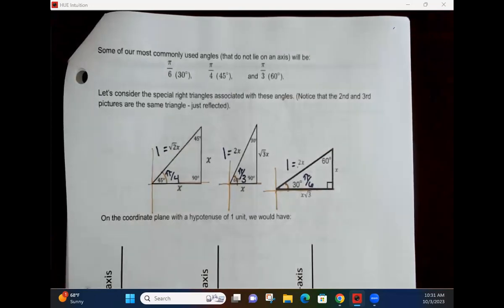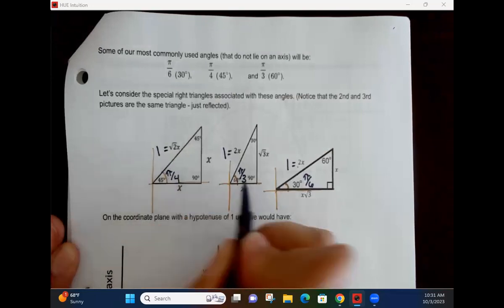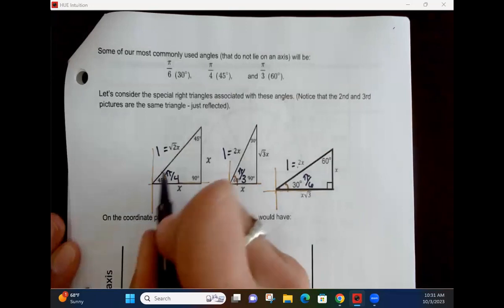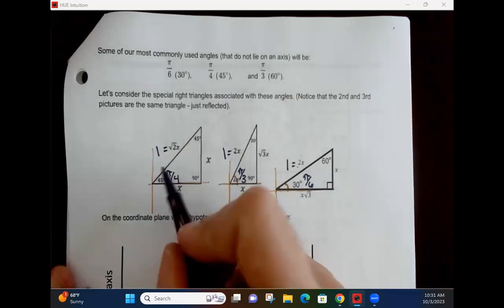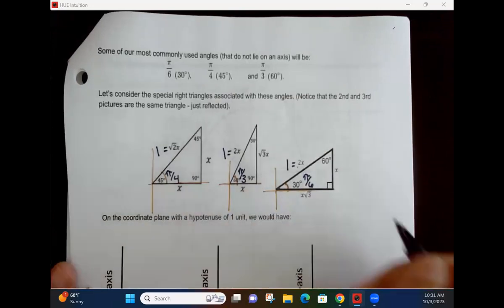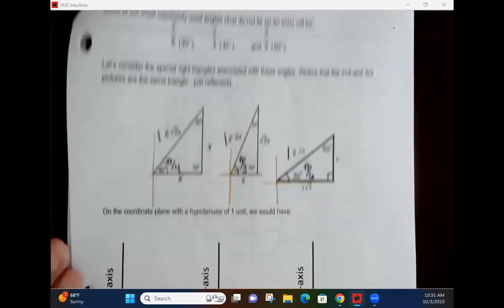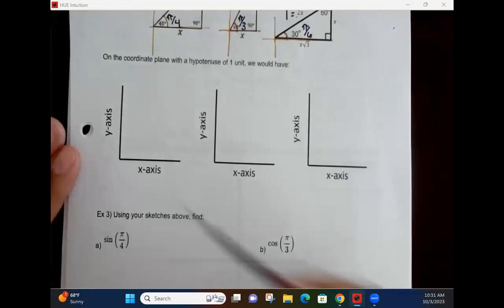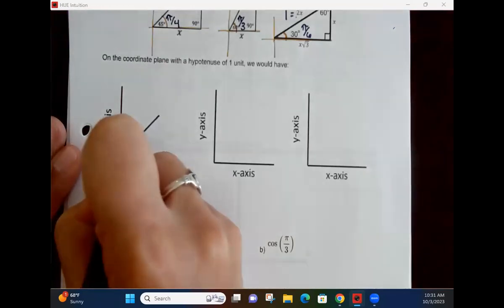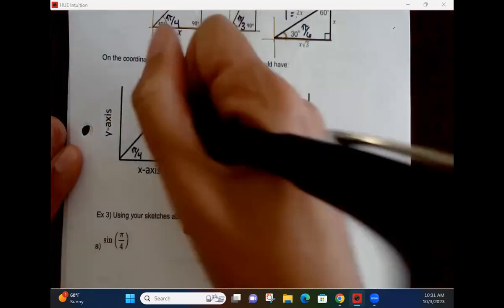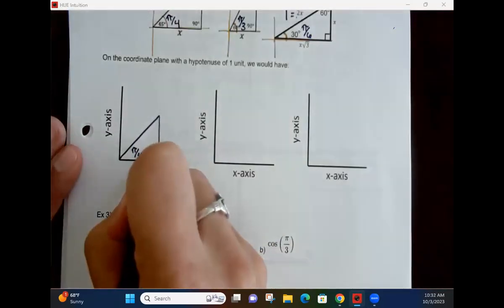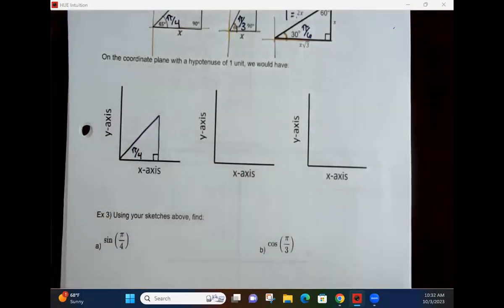So for my unit circle, if I've got angle measures of pi over 4, pi over 3, or pi over 6, we know, again, on the unit circle, the hypotenuse is 1. That allows us to figure out what these remaining sides are going to be. So if I've got my unit circle, and my angle of pi over 4, I can drop a side down so that I can actually see the whole triangle.